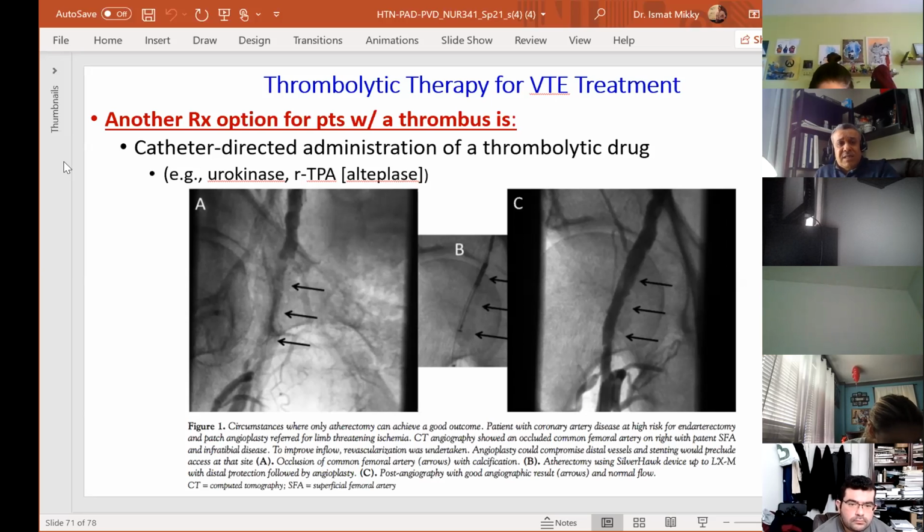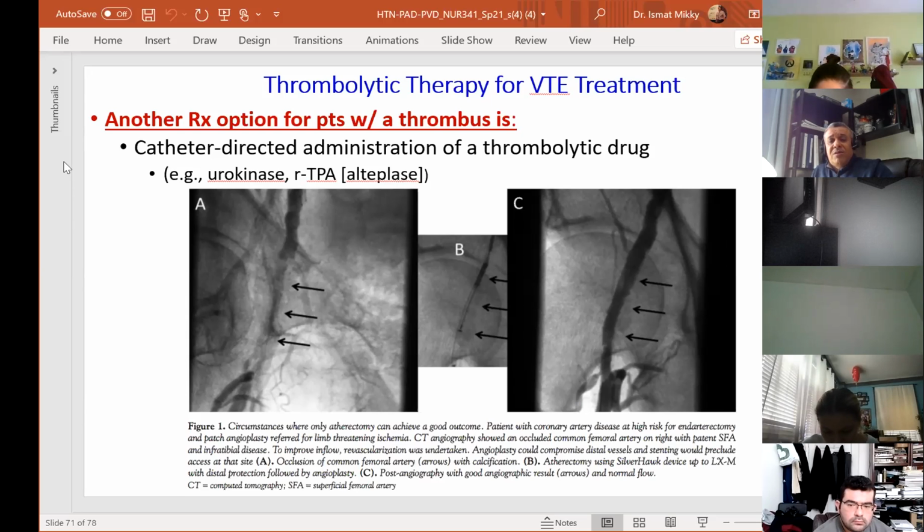So I would just highlight the difference between A and B. When the catheter is inserted and we administer the TPA, a tissue plasminogen activator, through the catheter, it results in the dissolution and breakdown of the blood clot, and that reopens the blood vessel.